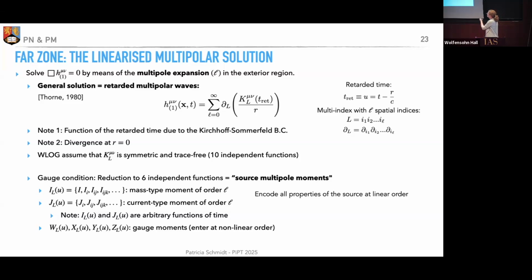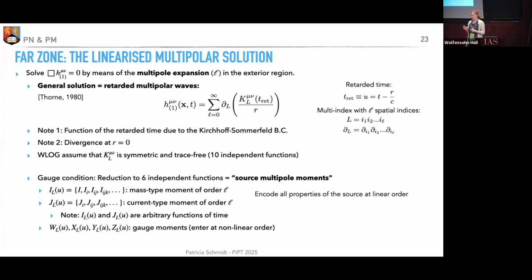Now, it's not so much important in terms of the details what this function KL here is, but it turns out that it is, without loss of generality, a symmetric and space-free tensor. And in fact, we'll find out later on that this is connected, when you make a particular gauge choice, to the source multipole moments. And that should hopefully not be surprising, right?